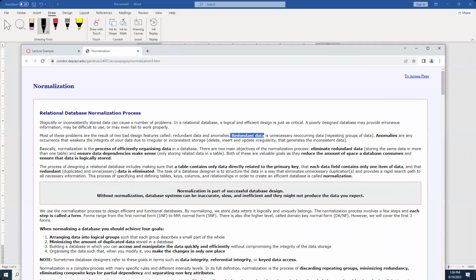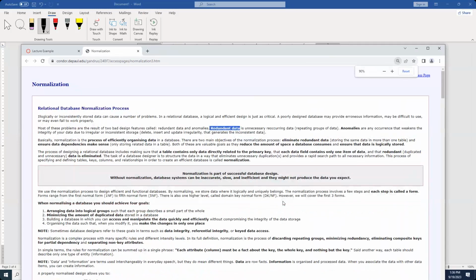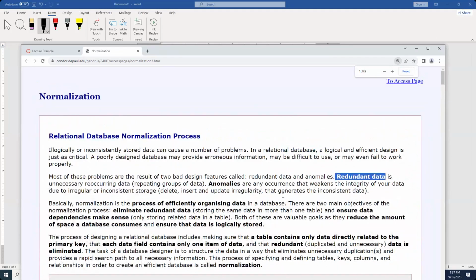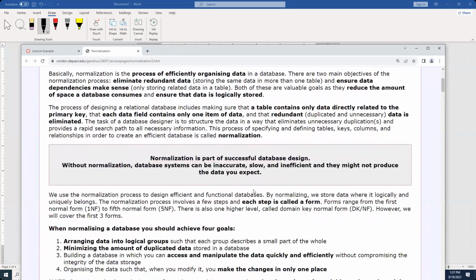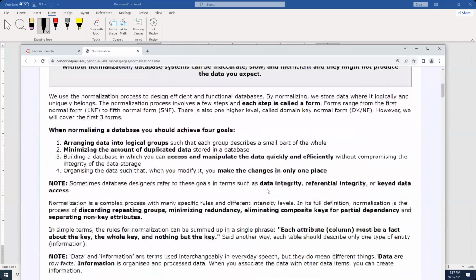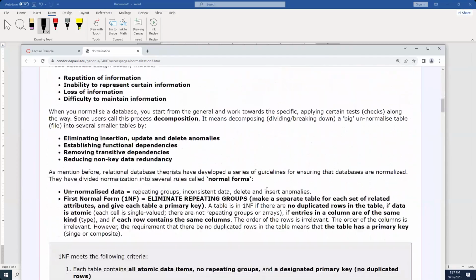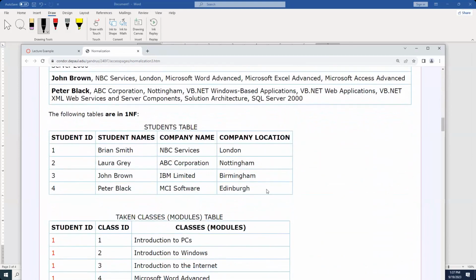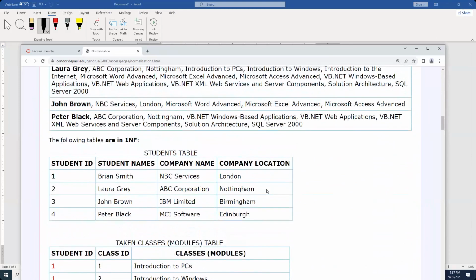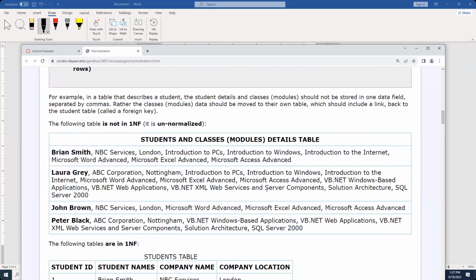And there's a warning here. Normalization is part of a successful database design. Without normalization, database systems can be inaccurate, slow, and inefficient. There's 3 normal forms. You can consider each normal form as a check.